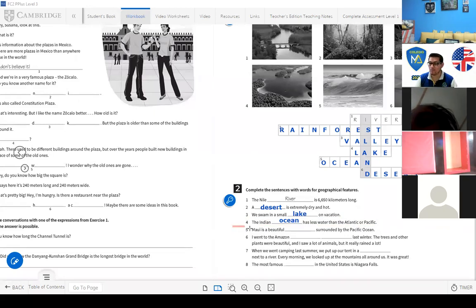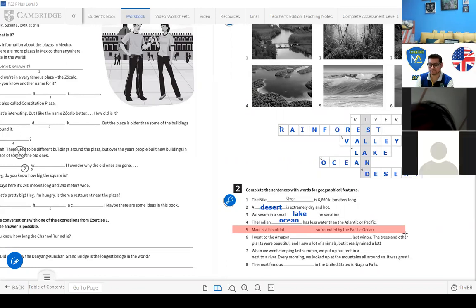Now, what about the other part? It says, Maui is beautiful, surrounded by the Pacific Ocean. What do you think is the answer? But it's surrounded. What is surrounded? Rodeado. What do you think is the correct answer? Maui is a beautiful what?